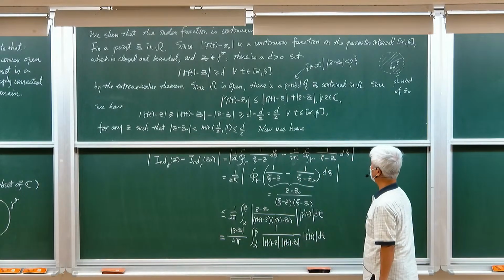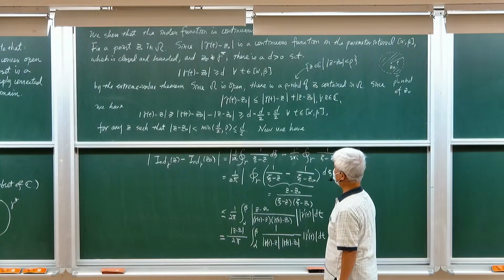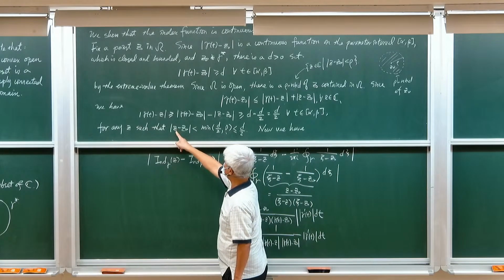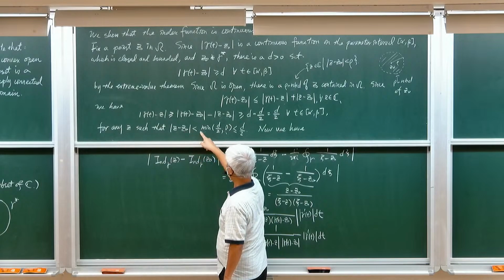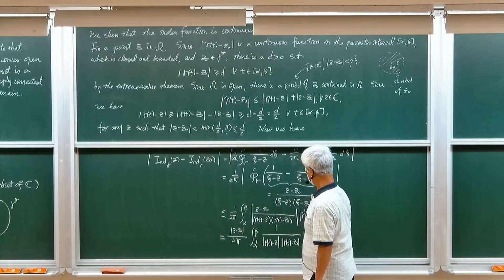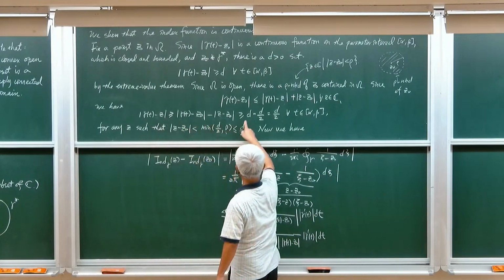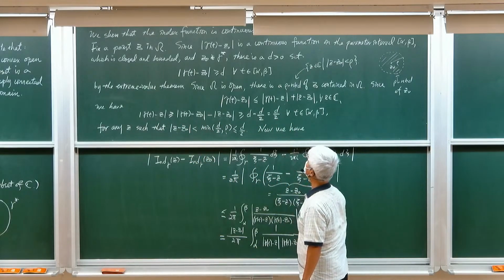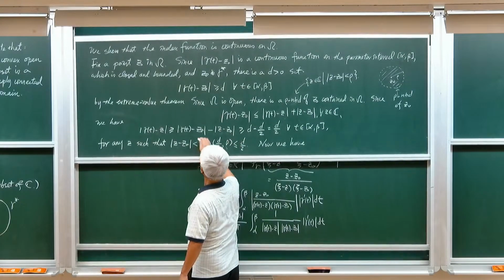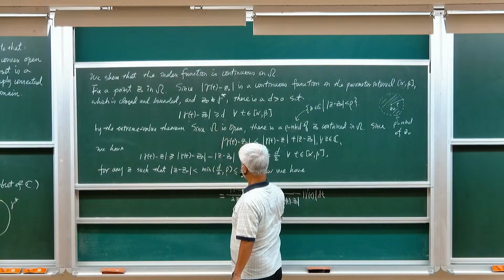Now, if we select all the z which is less than the minimum, then we know that the magnitude of the difference has lower bound d over 2, but the magnitude of gamma(t) minus z0 has lower bound d.